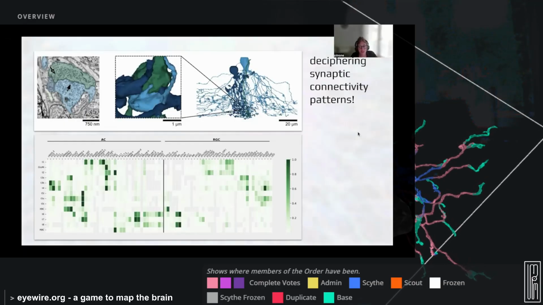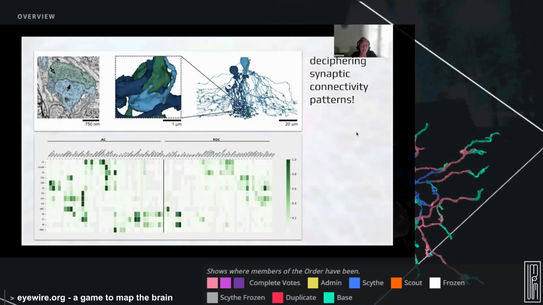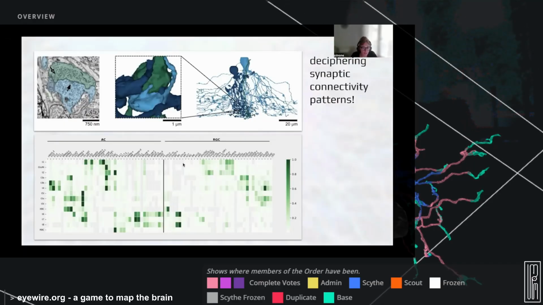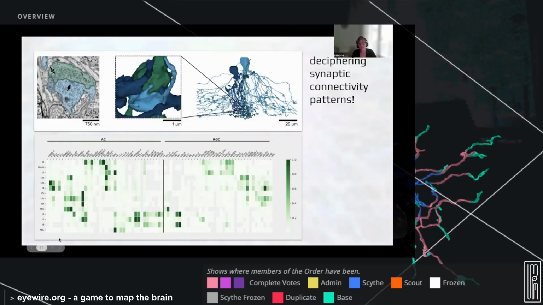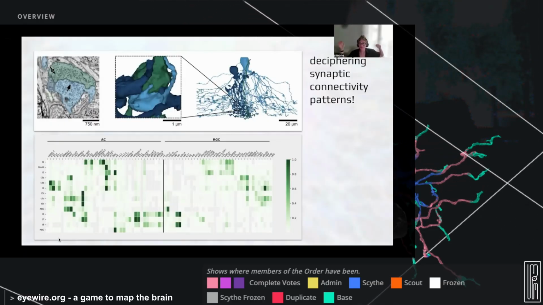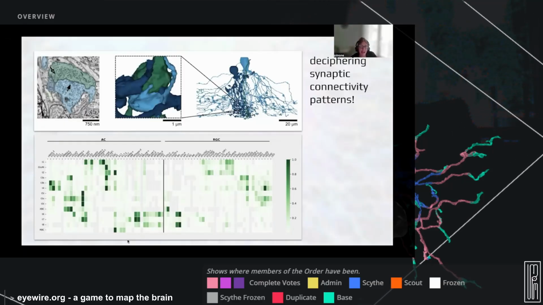That's a lot of very valuable information for us because, as you can see below, one thing we can do is extend our classification of a cell type with a synaptic input profile. So we know which cells receive information from which other cells in the retina.